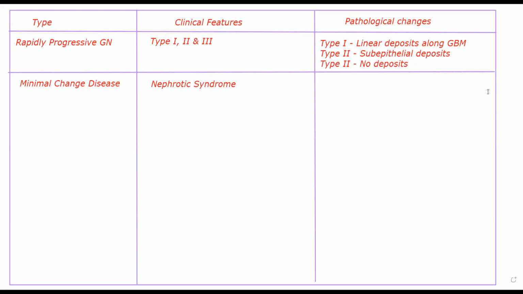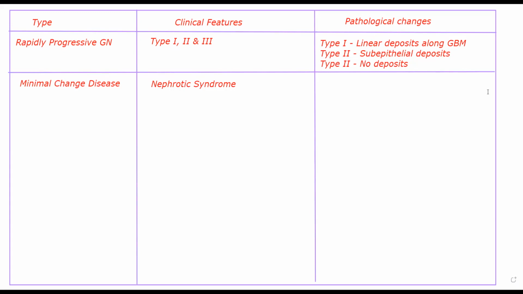Now, imagine this. If a patient is having heavy proteinuria, meaning they are losing a lot of proteins in their urine, what will happen? The patient will have hypoproteinemia. The amount of protein in their blood will dip. Normally, there should be some amount of protein in your blood to make sure osmotic pressure is there and for normal functioning of your body.